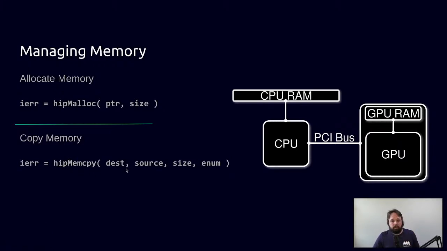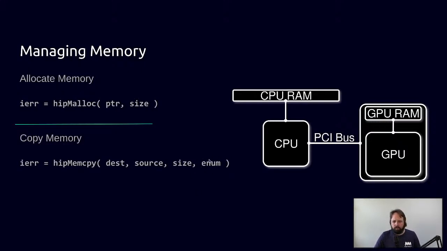It takes in 4 arguments. The first one is a destination pointer. Again, this can be a Fortran or a C pointer. The source pointer, again, Fortran or C pointer. And then the size, so the amount of data you're going to move. Again, you don't need to include the number of bytes in there, so this is really just the number of elements in your array or your multi-dimensional array.